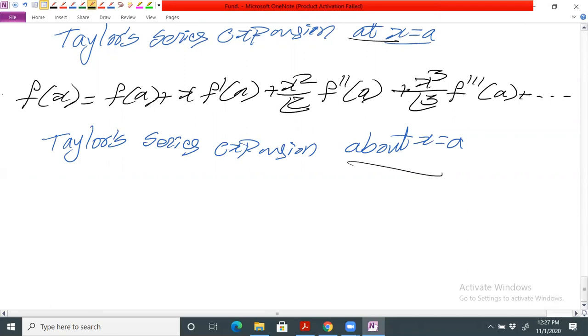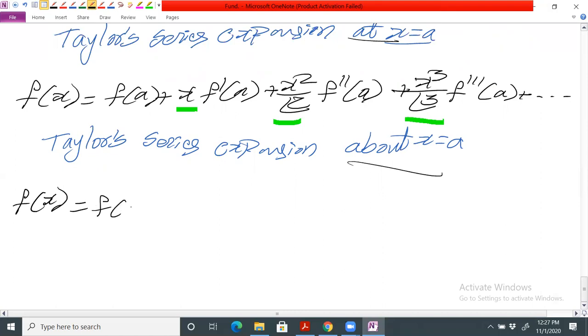We will get the same previous formula, but this was in powers of x. But here, in place of x, we will get x minus a.